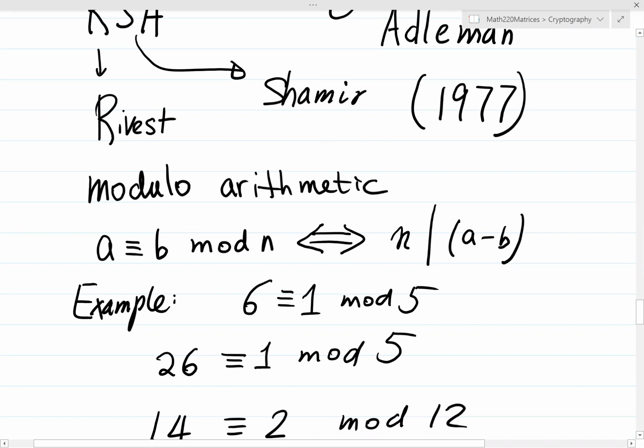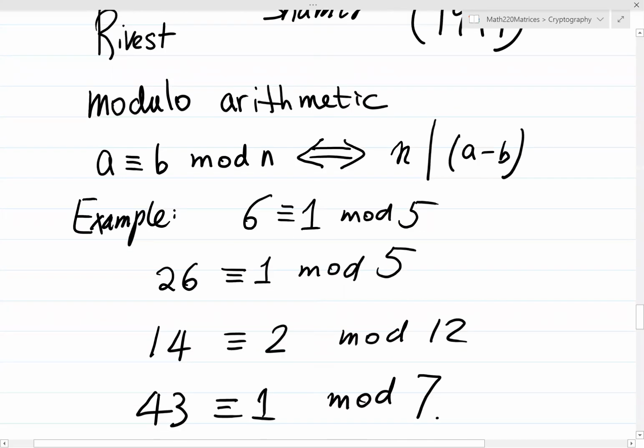The mathematical structure of RSA is really simple. The key thing in the RSA algorithm is modular arithmetic, which we defined last time.